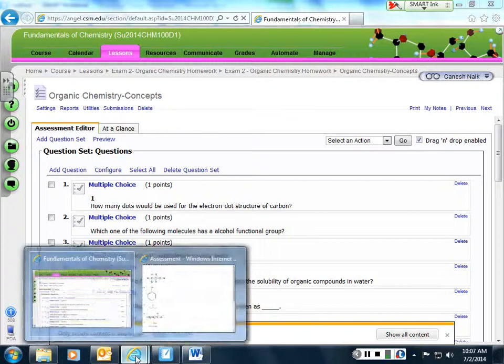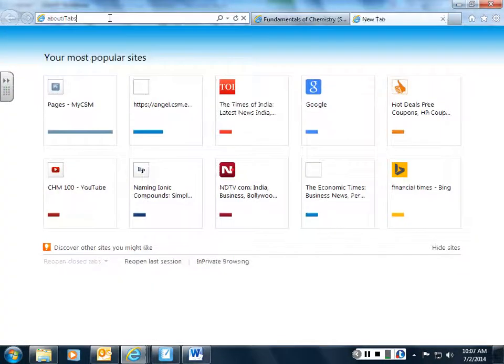Let me find. I think there is one chart. I don't know why that chart is missing.